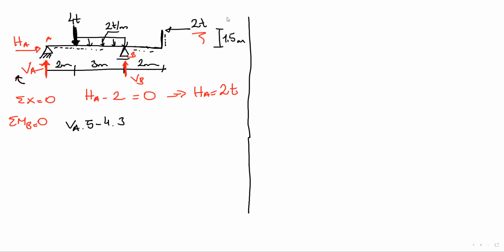Now let's take a look at this distributed load. 2 times 3 is 6. This is the total magnitude of this uniform distributed load. Minus 6 times 1.5.